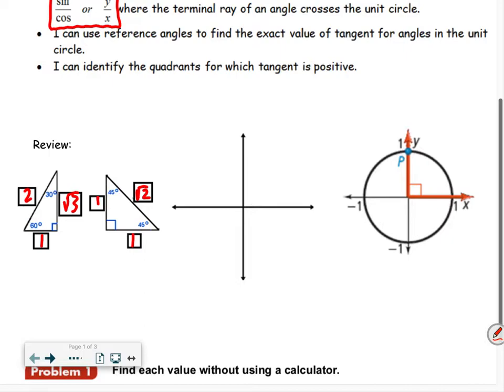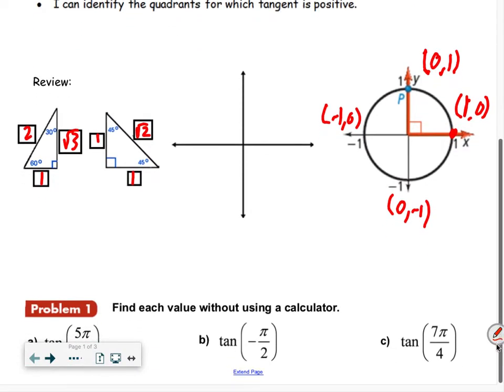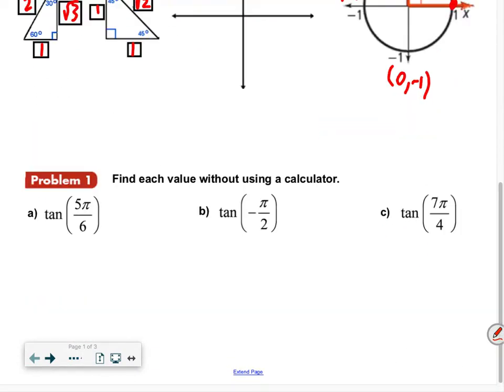And then on our unit circle, we have our points 1, 0, 0, 1, negative 1, 0, and 0, negative 1. Okay, that's just a quick recap of things that will help us as we go through and find our tangents.